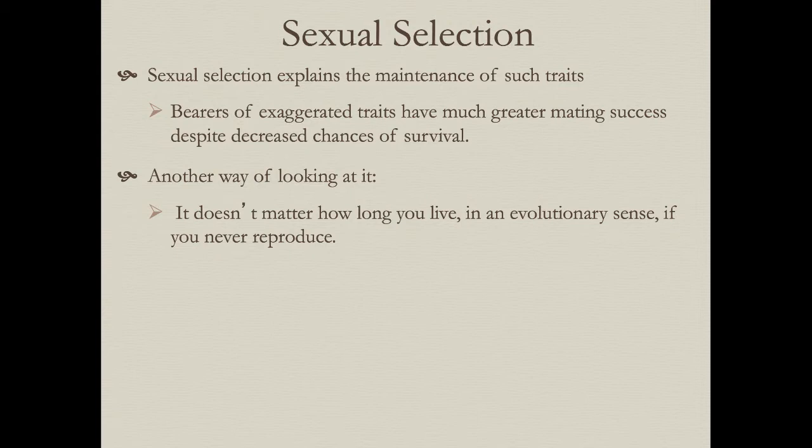So another way of looking at it, it doesn't matter how long you live in an evolutionary sense if you don't reproduce. Even if you live for a short period of time, if you reproduce more than others of your species, that's going to drive the evolution of your species. That is the highest fitness, and those are the traits associated with higher fitness, despite the fact that they are ecologically costly.